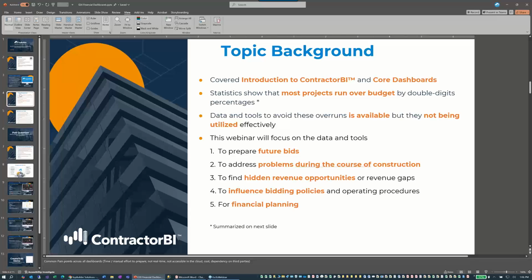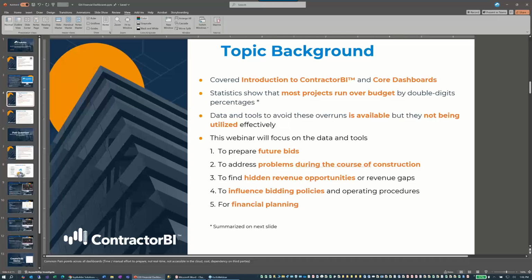Now, the key is, and if you've been to other webinars and our partner webinars and Procore or estimating platform webinars or whatever, they'll all tell you, the data is everywhere. It's in your job cost accounting system, project management system, you name it, but it's not being used, and it's not being used properly.